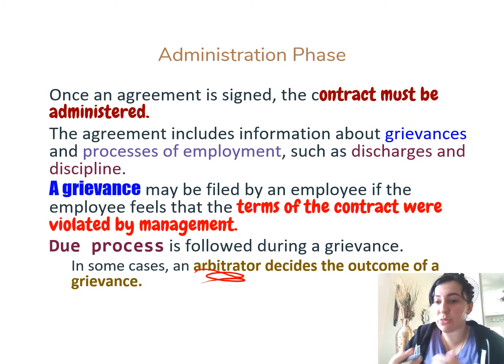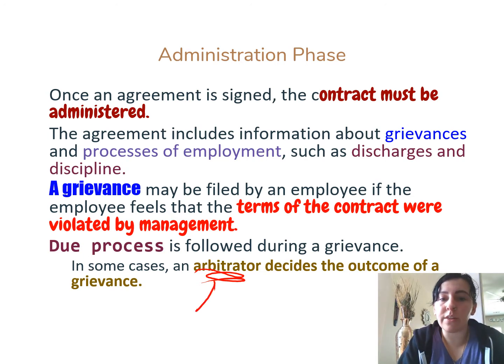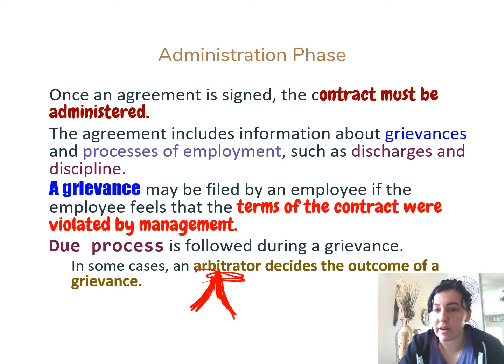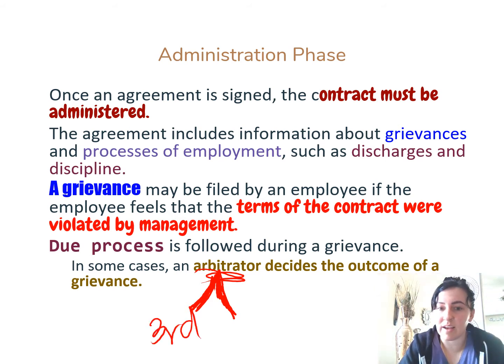So you might have to get a third party involved to try to settle this dispute. And many times when you go with an arbitrator, both ends decide that you're going to do whatever the third party says you need to do. The third party will decide what the result is.